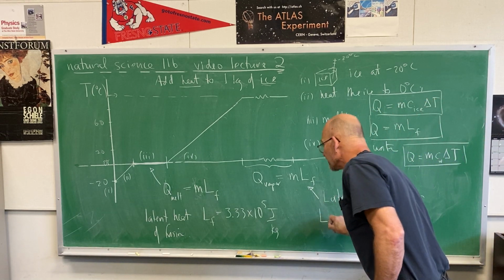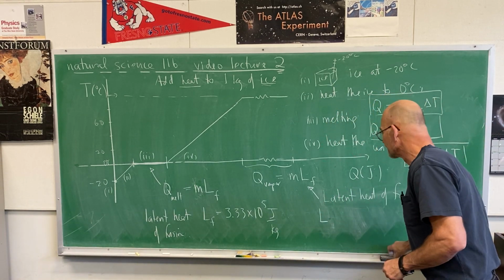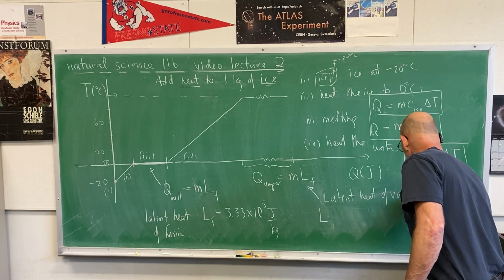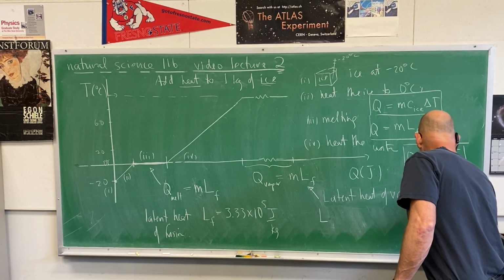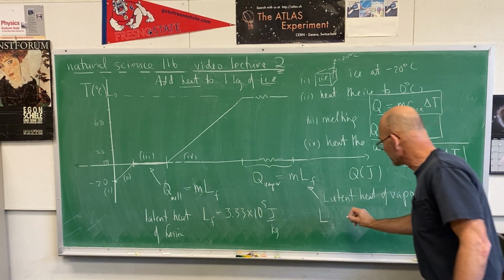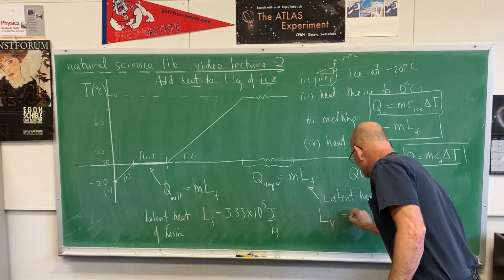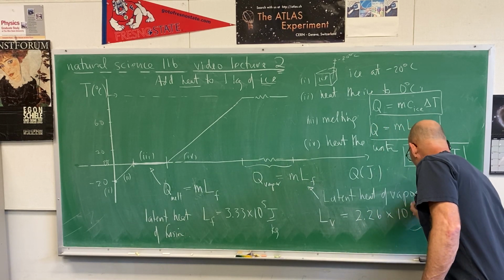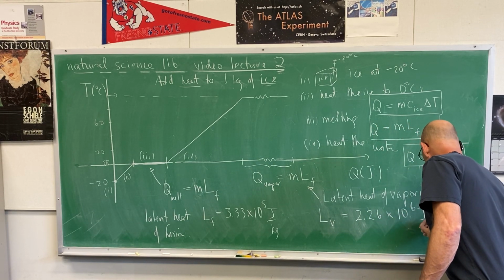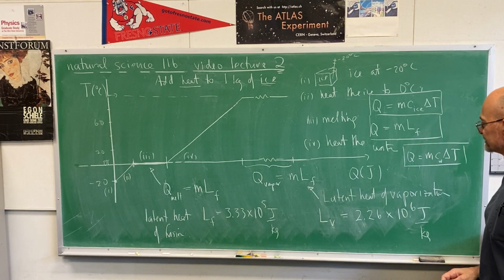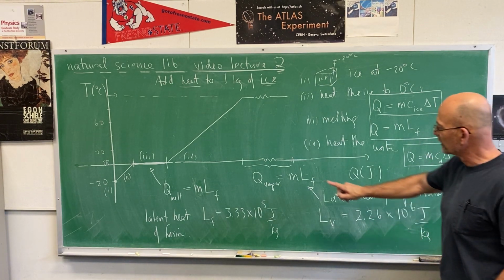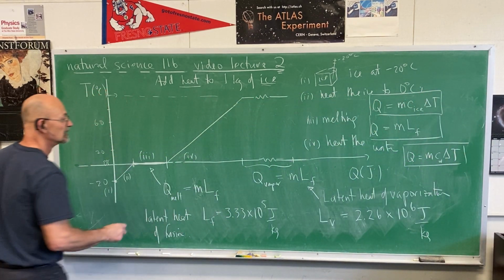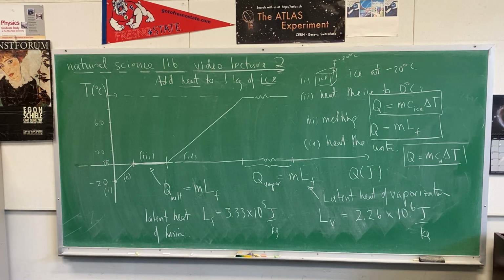And vaporization: latent heat of vaporization, L sub V, 2.26 times 10 to the 6 joules per kilogram. M's are masses. Now we've got a pretty complete set of things up here.